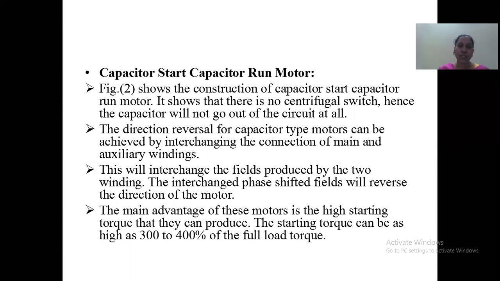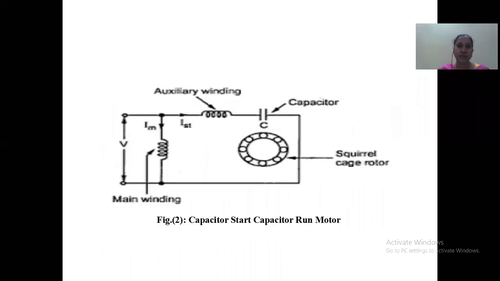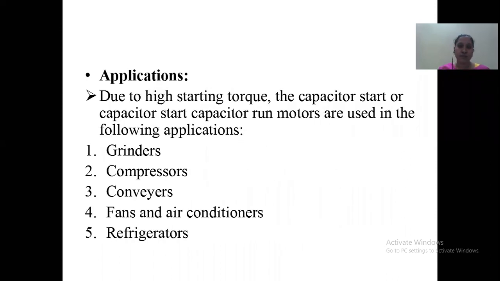The main advantage of these motors is high starting torque. So you can imagine how much torque we can get here. Around 300 to 400% of the full load torque we are going to achieve here. So these are some of the applications.